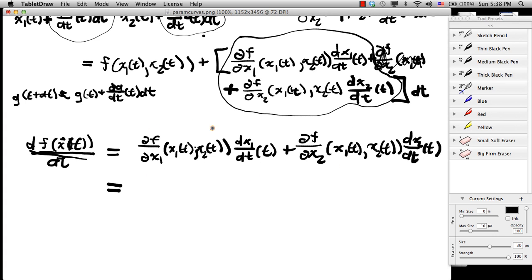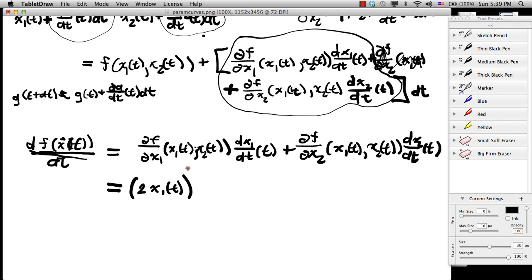So you could just memorize this for 2, and we'll talk about what the n-dimensional one looks like. We just tack on a bunch of other terms just like this. It's not too crazy. But if you compute the derivative of f with respect to x1 and evaluate it here, you're going to get 2x1 of t, because remember that f is x1 squared plus x2 squared.